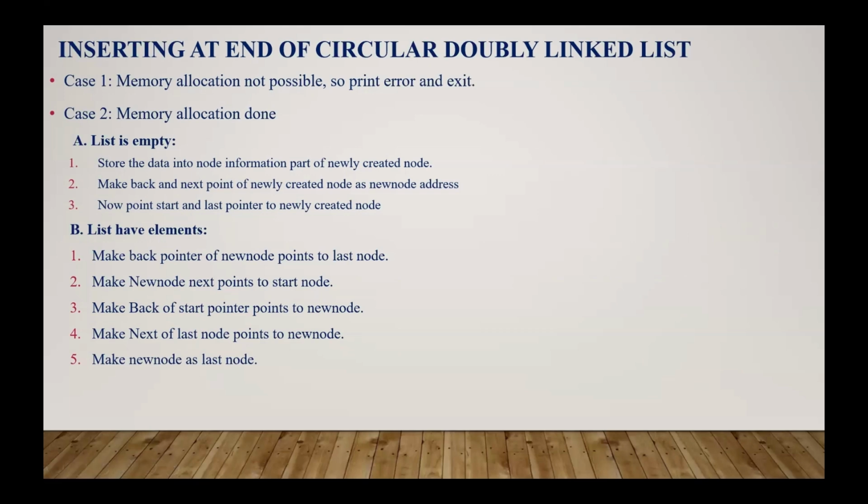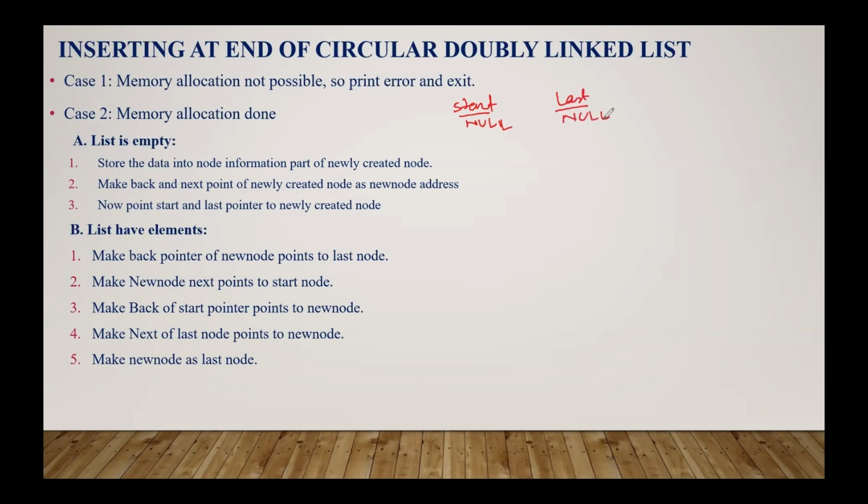But here, whenever we put a node into the list, there are two possibilities: the list is empty or the list has elements. Initially we initialize start as well as last to null. If start as well as last are equal to null, only then is the list empty. For example, right now start equals null and last also stores null.